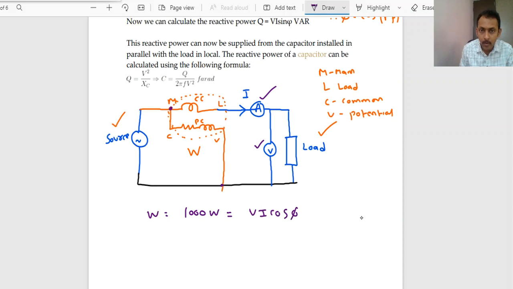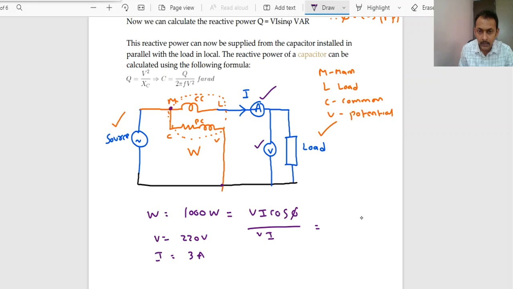Already with the help of the voltmeter and ammeter, you know the readings. For example, if the voltmeter reading is 220 volts and the ammeter reading is 3 amperes, on substituting the values we will get the power factor cos phi.